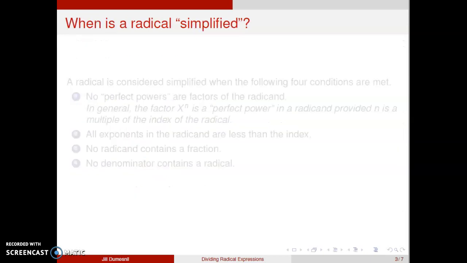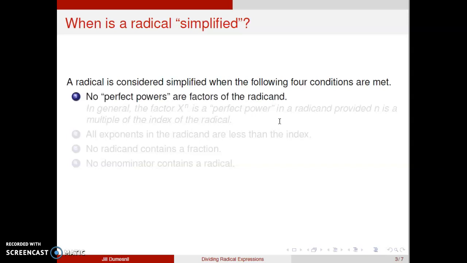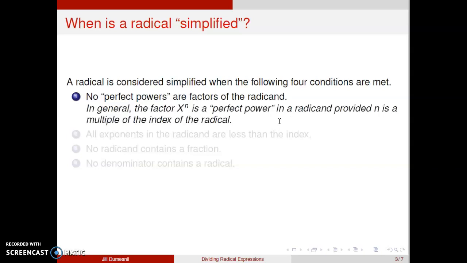The previous examples bring up the question of when a radical is simplified. There are 4 conditions that indicate a radical is simplified. 1. There are no perfect powers that are factors of the radicand. This means that any radical factors of the form the nth root of x to the n have been simplified. 2.